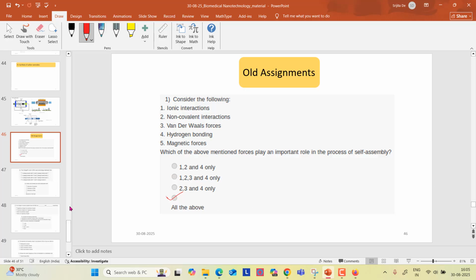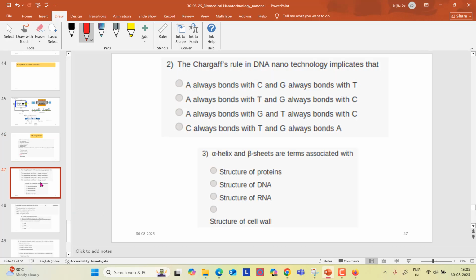Next is, Chargaff's rule in DNA nanotechnology implicates what? This is very easy. What is the basis, pattern, or pair which will apply on a DNA molecule?